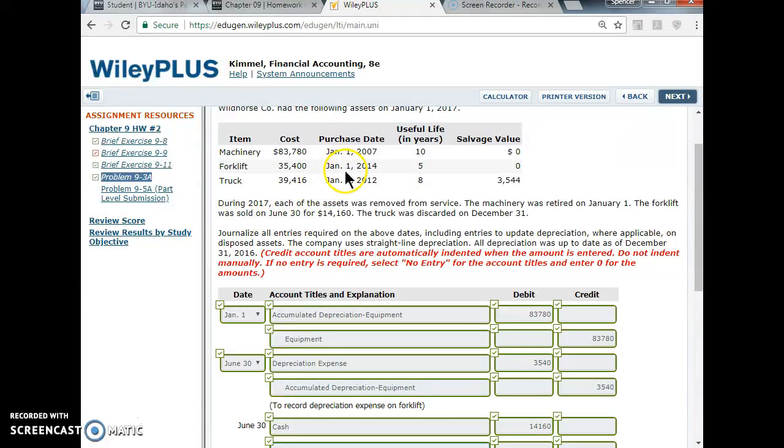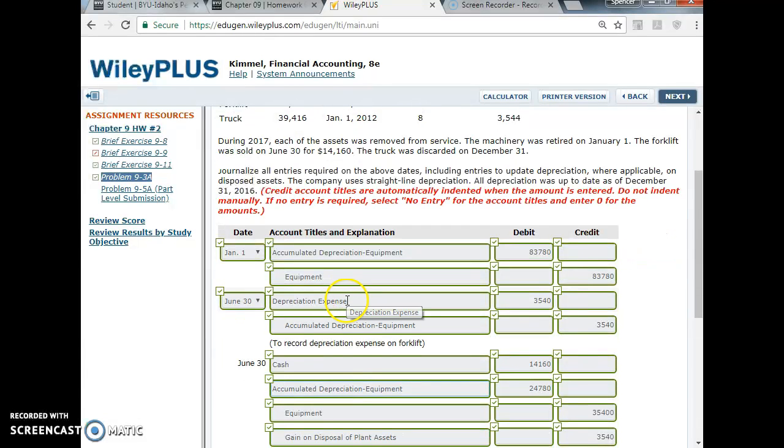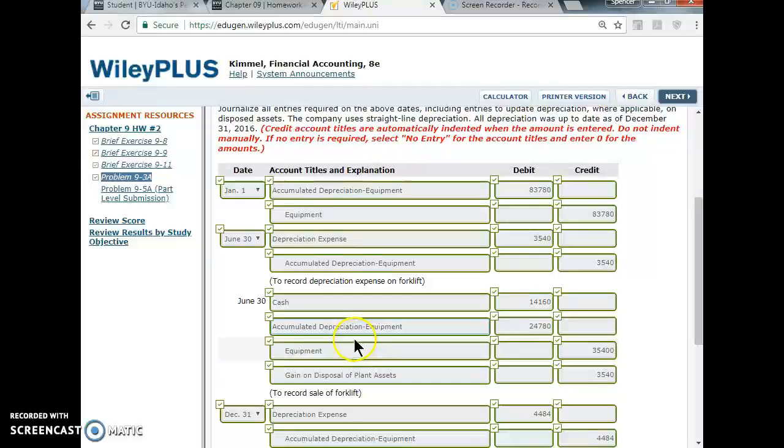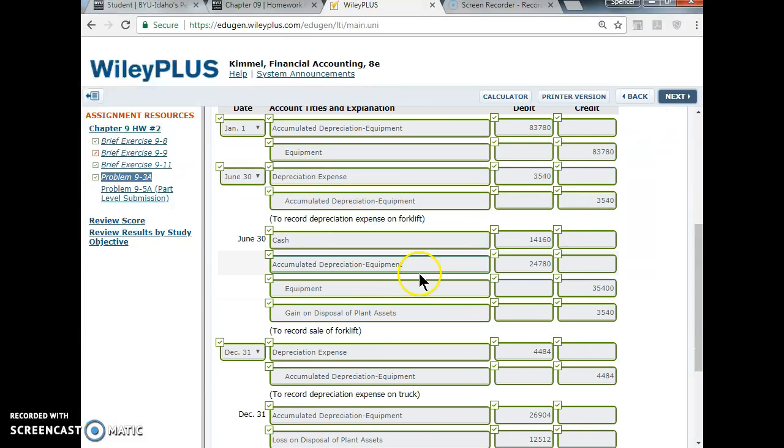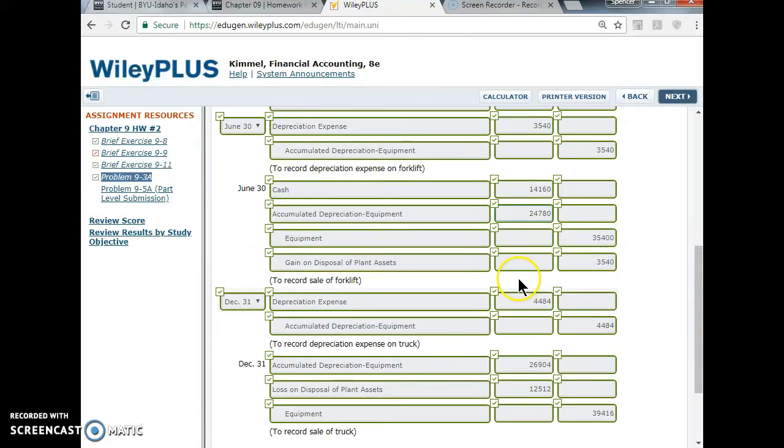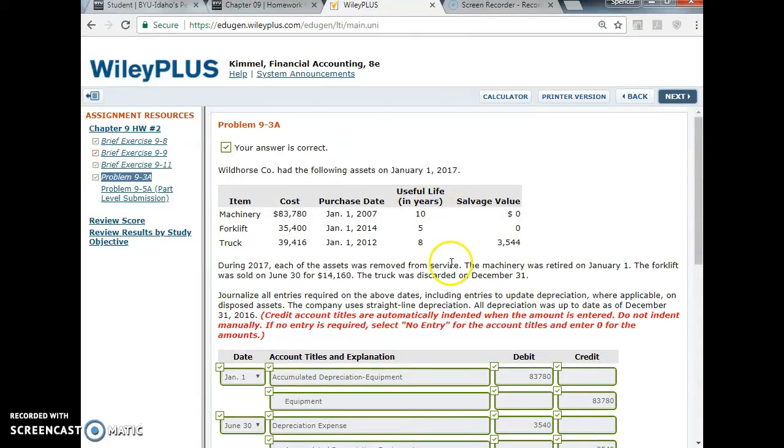To get 3 years, we take 7,080 times 3, and that gives us 21,240. But that's only 3 years. We still have 6 months that we haven't accounted for, but that 6 months is right here. We already calculated that, so we just add that to 21,240, and that gives us 24,780. And that's the total accumulated depreciation for the forklift for the time the company had it.